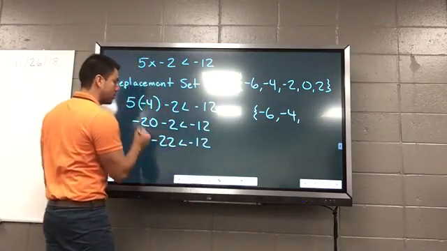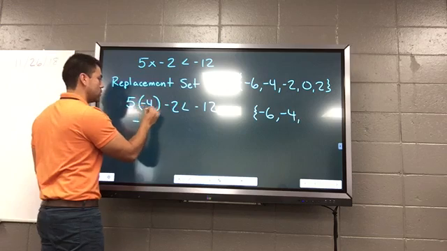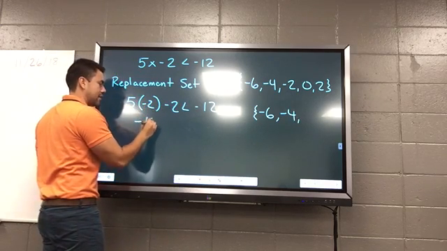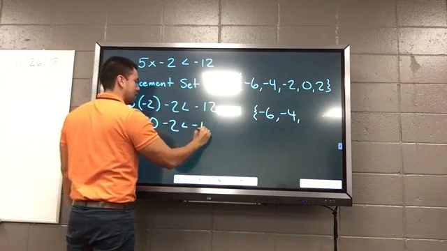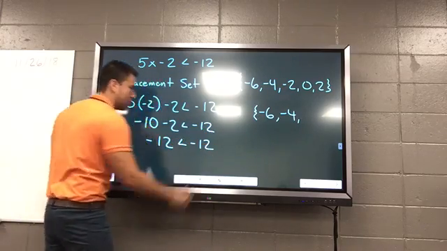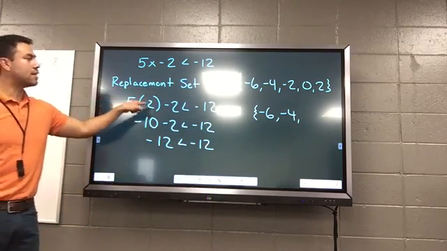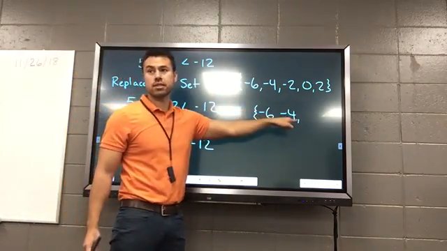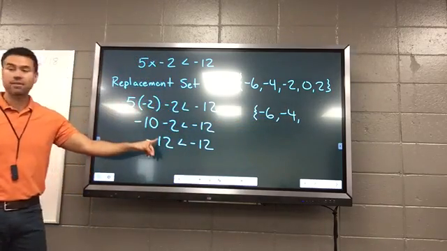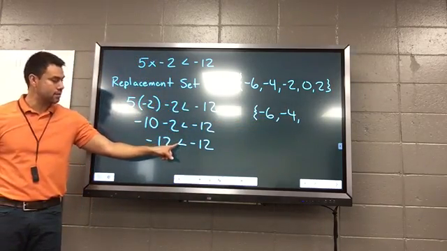Let's check the next number, which would be negative 2. All right, what's 5 times negative 2? Negative 10 minus 2. Is negative 12 less than negative 12? No. Does negative 2 go in my solution set? No, I do not put negative 2 because negative 12 is not less than negative 12.